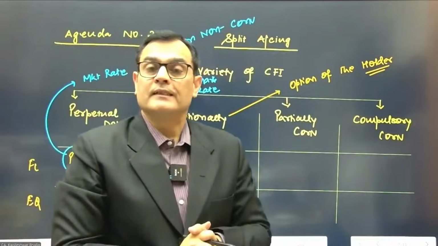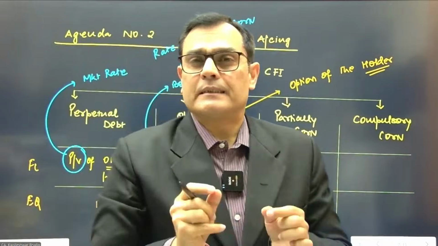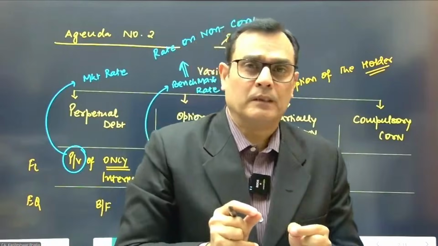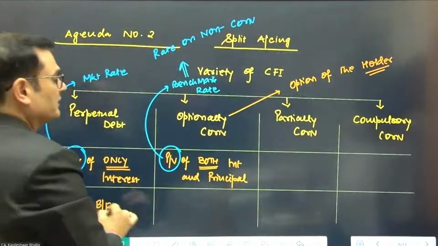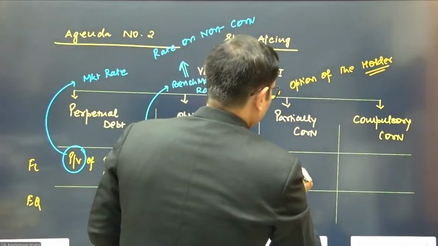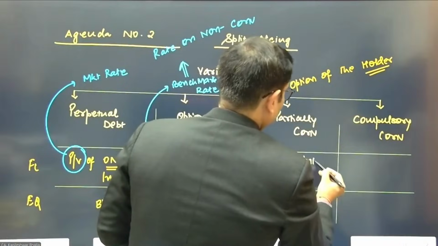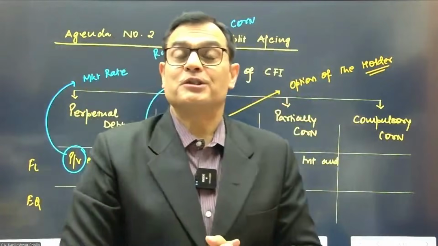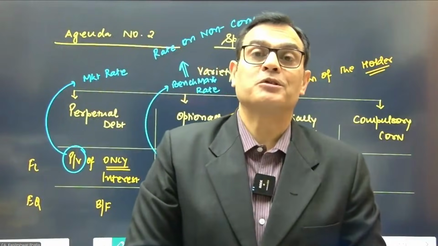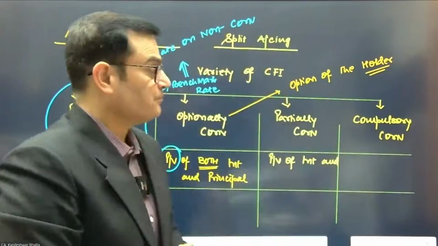Similarly, we also saw the concept of a partially convertible instrument. In terms of partially convertible instruments, we took the present value of interest and only the portion of the principal which is going to be paid in cash.